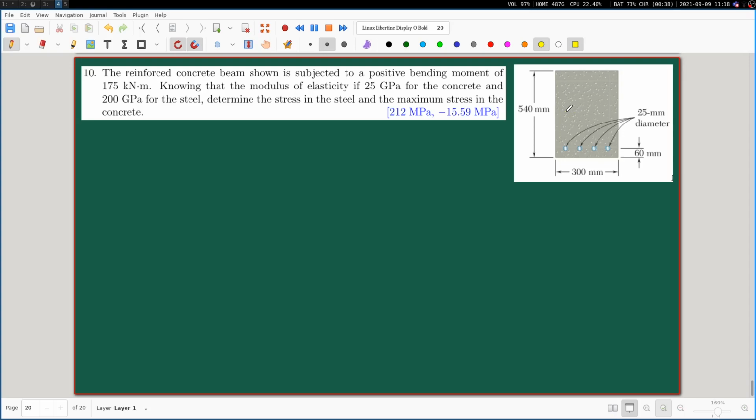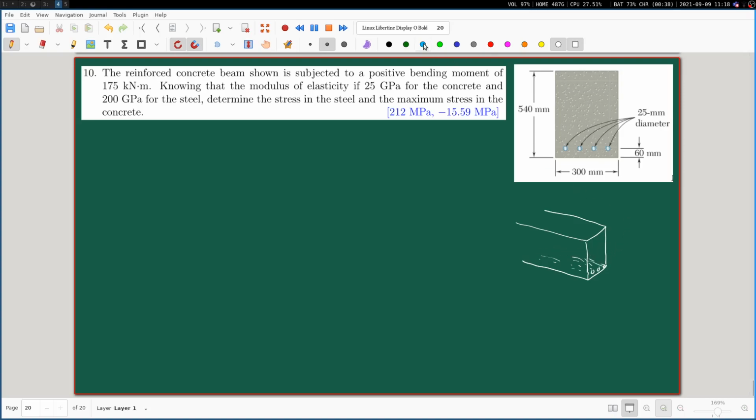So understand like this, that suppose we have this actual beam in this fashion, where the steel rods are present like this. They extend, of course, inside like that.